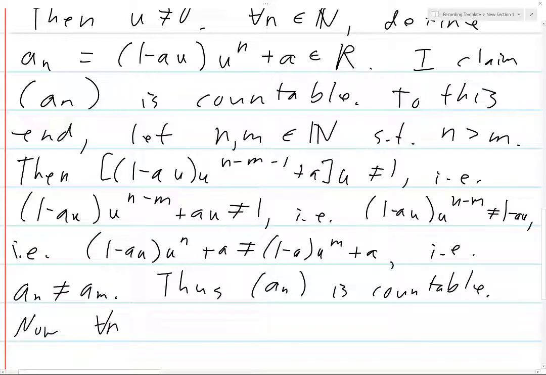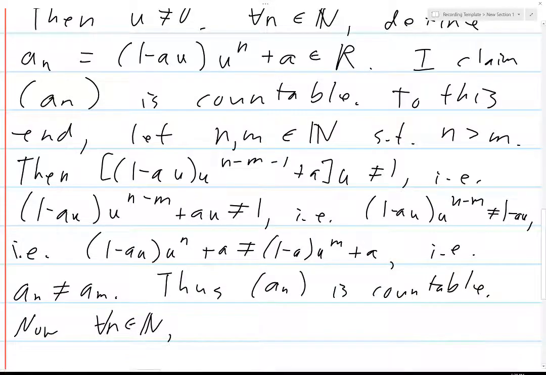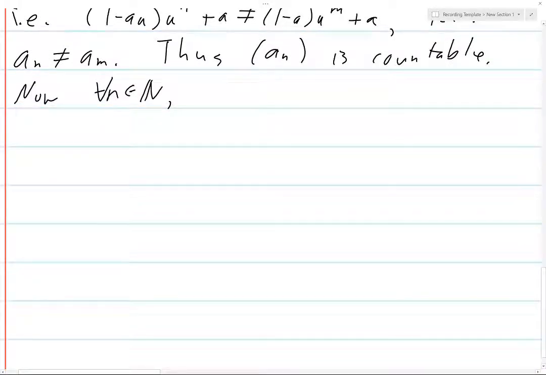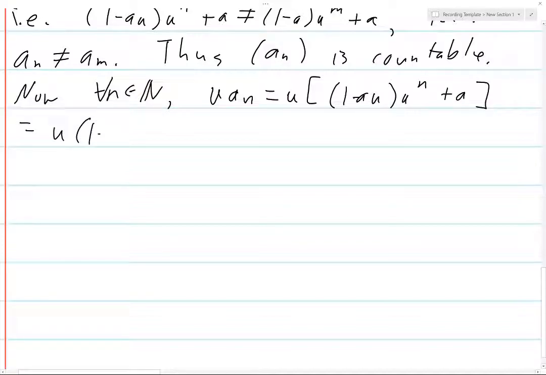Now for all n, we want to compute u a_n. That's u times (1 minus au) u to the n plus a, which is u(1 minus au) u to the n plus ua. If you distribute, you get u minus uau times u to the n plus 1.